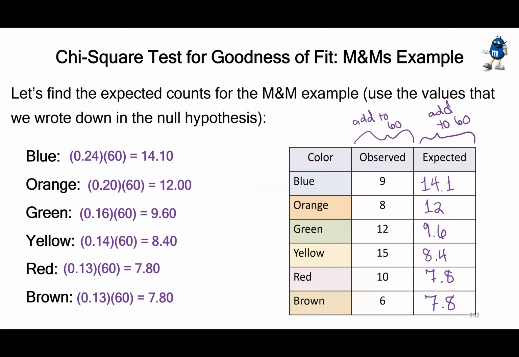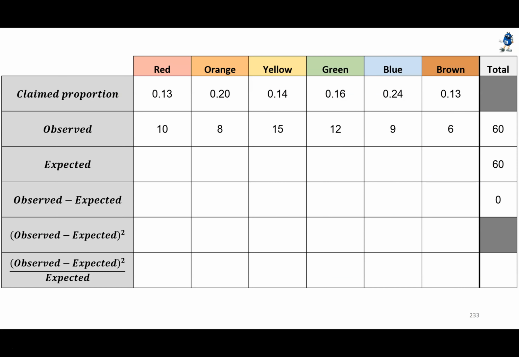Now we're going to break this down. I have a larger table to fill out. So like I said, if I add these across, I'll get 60. Fill in the expected values that we just calculated. If I add these across, I should get 60. So now I want what we actually observed in the sample minus the expected.